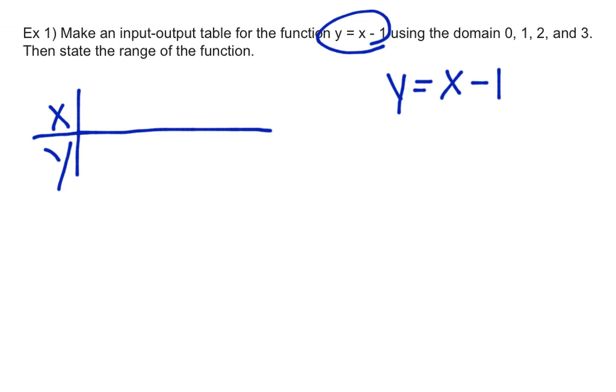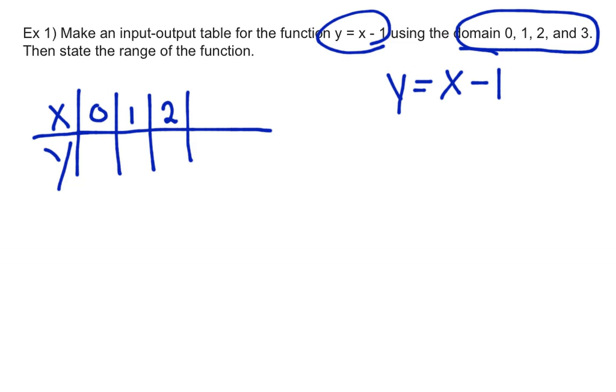Now I'm just going to make a little t-chart here, where it's kind of a sideways t. Okay, and what we're going to do now is we have to decide what x's we're going to use. Okay, and since the problem says using the domain 0, 1, 2, and 3, well, those are the numbers that I put in here, 0, 1, 2, and 3. Those are going to be my x's, because that's my domain.